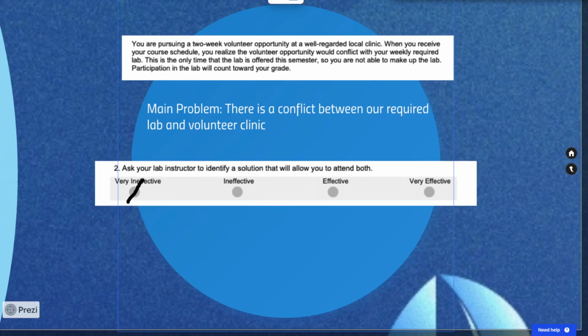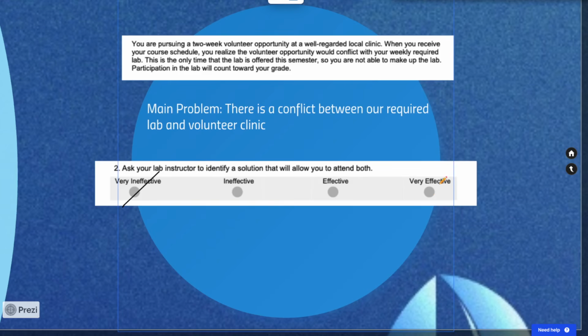We can tell that because we're asking our lab instructor to identify a solution, and that's probably not a very ineffective response, right? Because on our last problem, we saw that skipping your lab is very ineffective. This one is a little bit better, right? So not going to be very ineffective.